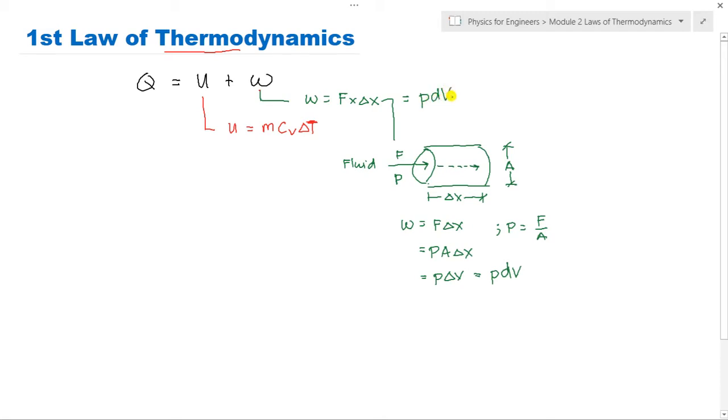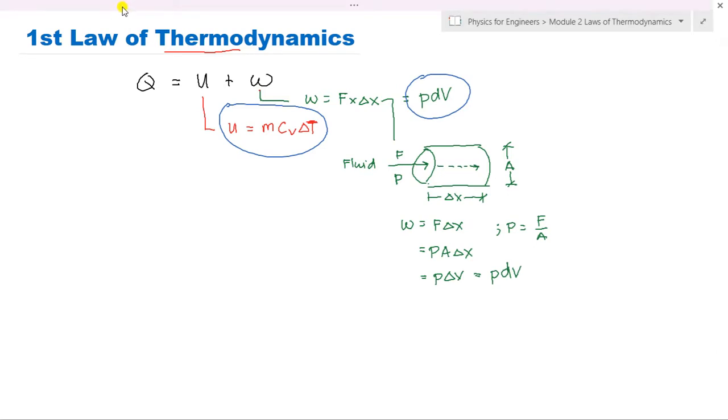The work is exerted either onto the fluid, our working substance, or the working substance exerts it on the surroundings. So these are the basic formulas, because from here we are going to apply these two formulas, U is equal to m Cv delta T, and also P dV, in order to derive the formula for different processes.